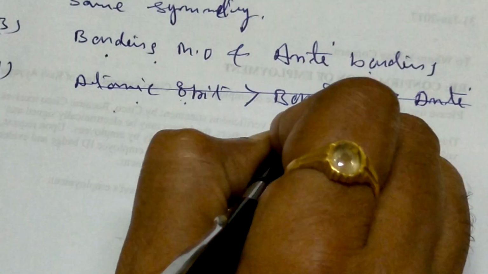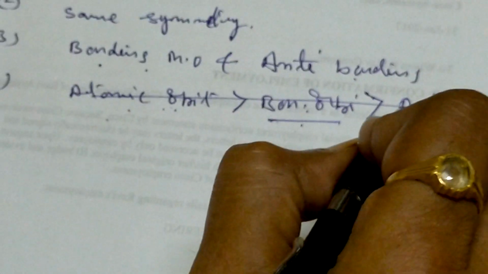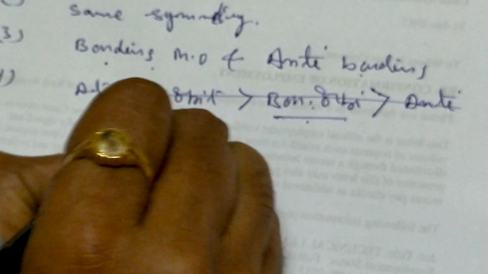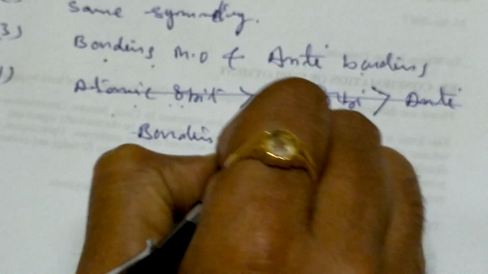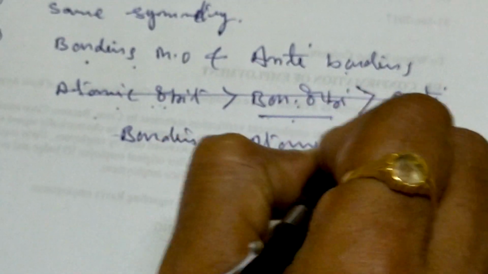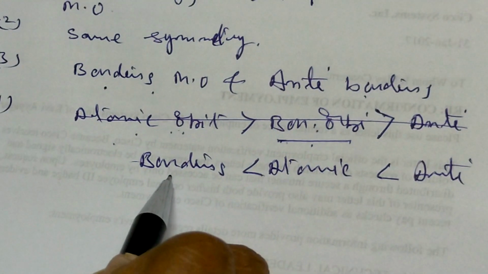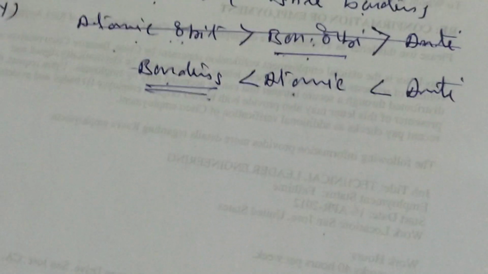Finally, the bonding orbital has less energy compared to the atomic orbitals, and the anti-bonding is much more. This is correct. Bonding is much less compared to atomic, so it is the least energy and will form first.